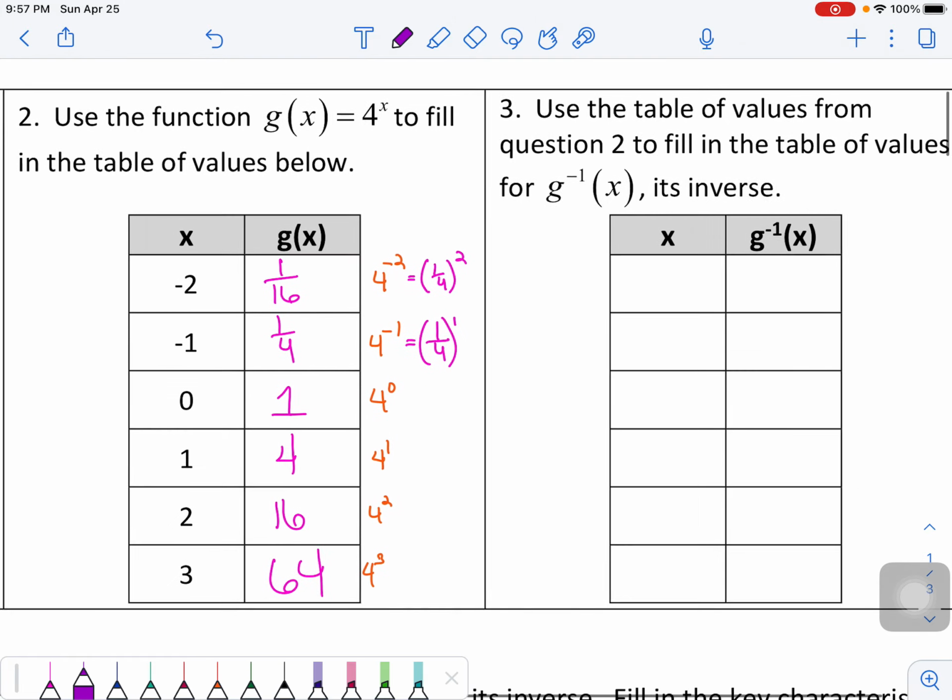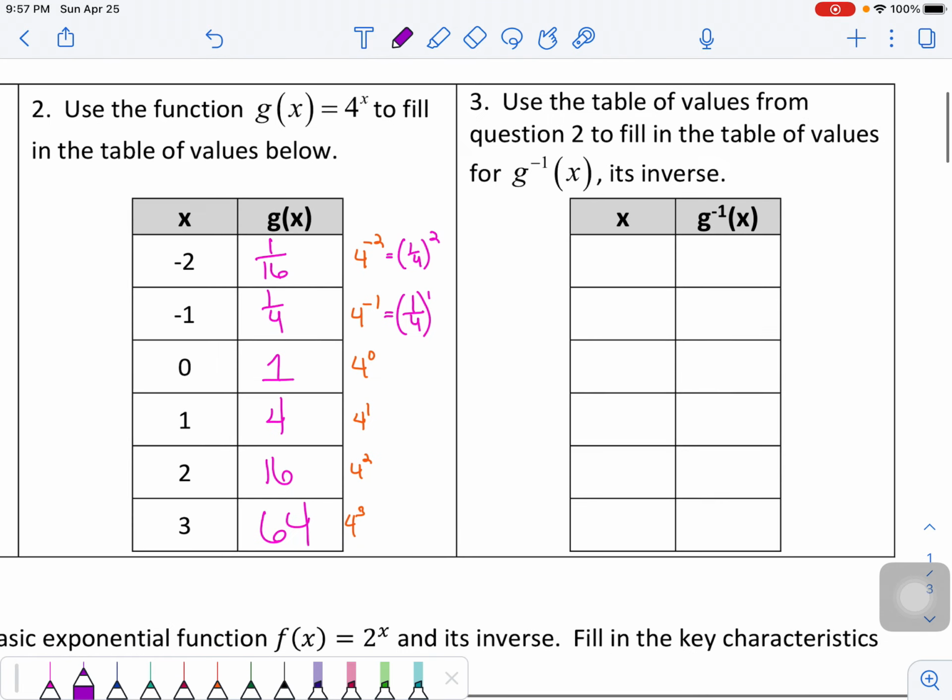I'm going to slide over to number 3, but I want to still keep number 2 on the screen. So we use this function to fill in the table of values. All right. Use the table of values from question 2 to fill in the table of values for the inverse function, right? G inverse of x. Now, you might look at this and say, well, how am I supposed to know what to do there? Well, remember in problem number 1 we did it.